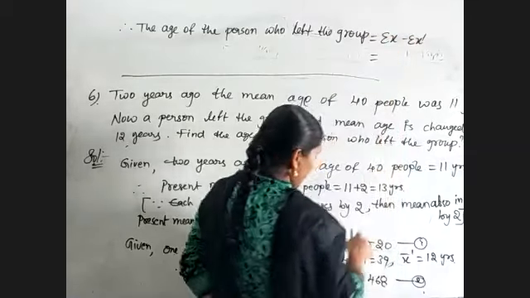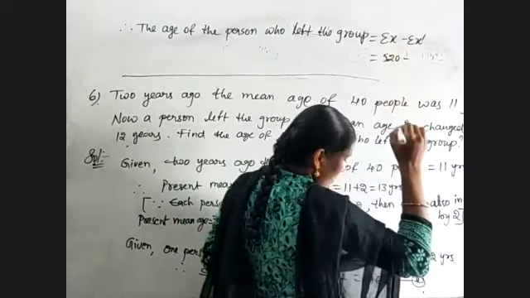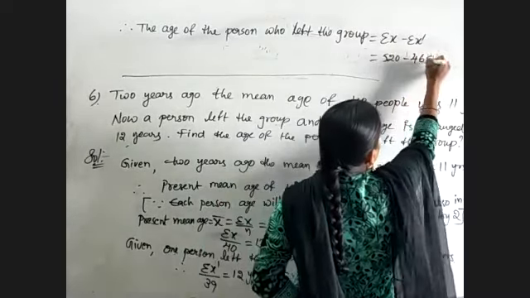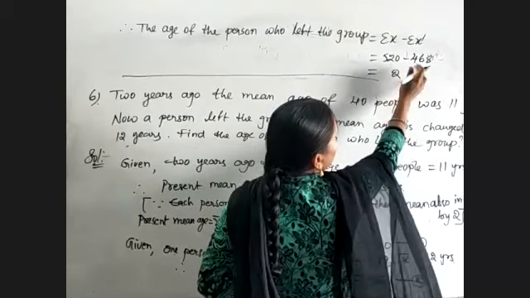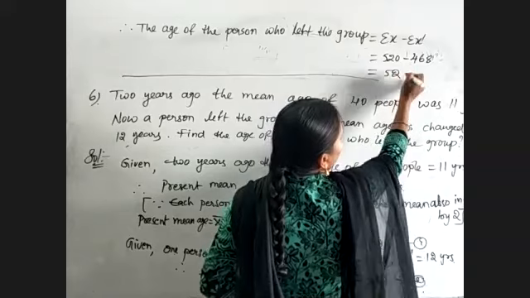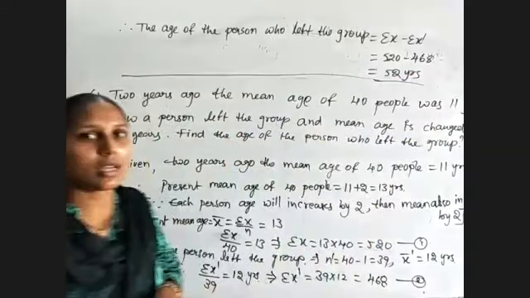That is, sigma x value is 520 and sigma x dash is equal to 468. So what will we get? 10 minus 8 is 2, 11 minus 6 is 5. That's all. 52 years is the age of the person who left the group.